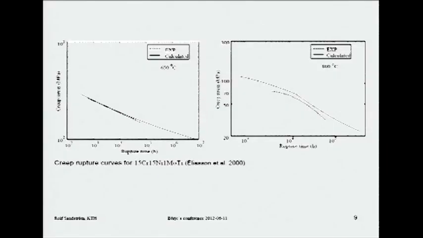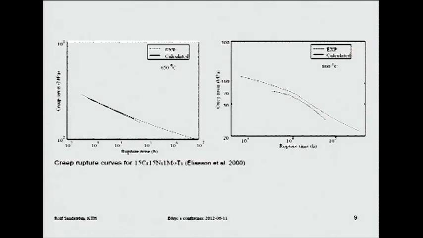And why do we believe that this is a reasonable description? The dashed curves are the experimental values for stress versus creep life at two temperatures. And you can see we can model this in a reasonable way.